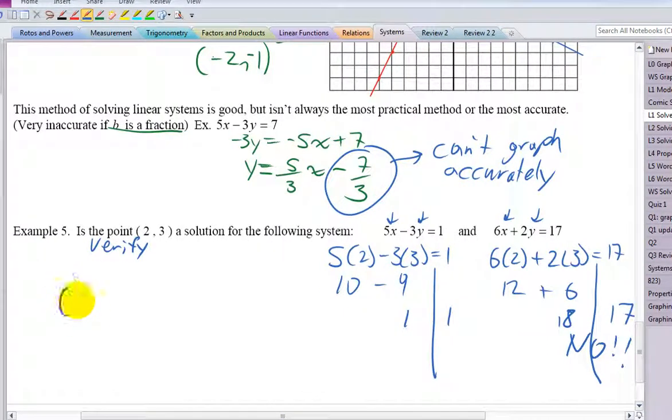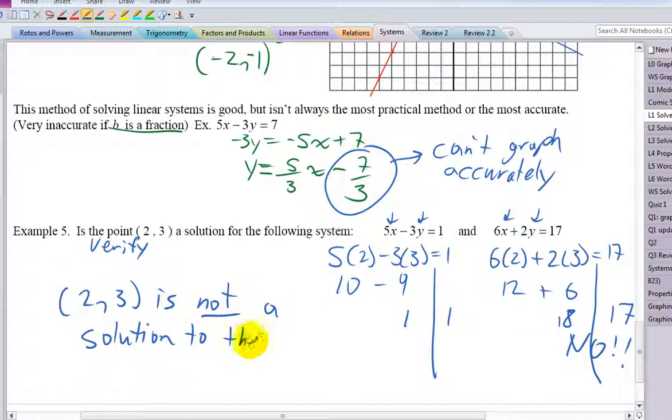No. So we can say 2, 3 is not, and underline not, a solution to the system. It must work for both equations in order to be a solution. If it only works for one, it's not a solution. Okay?